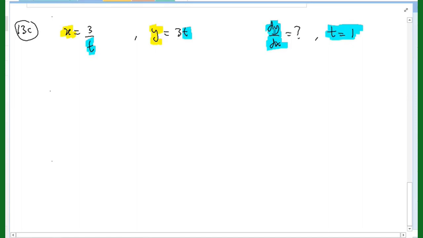There is no t in dy dx, so we try to use the chain rule. Now we want to differentiate x with respect to t.